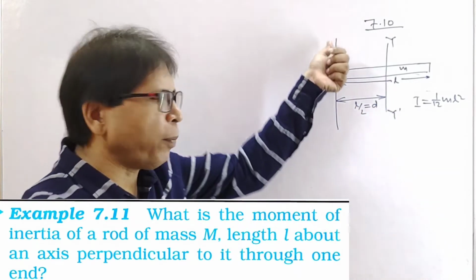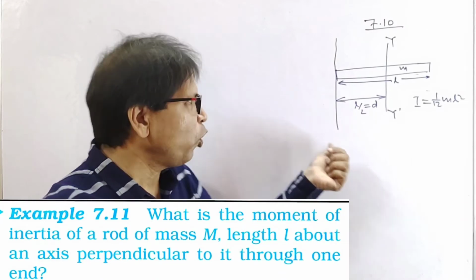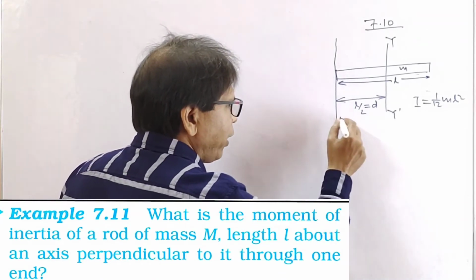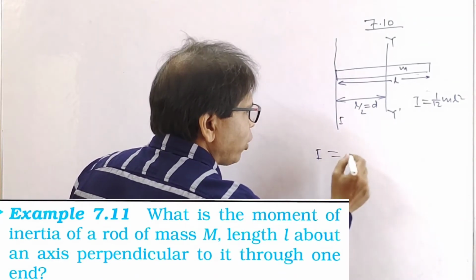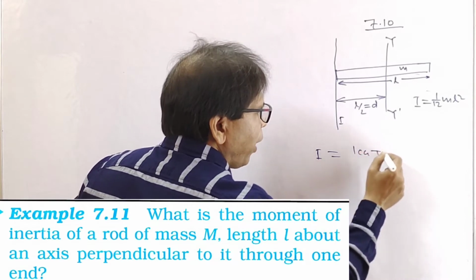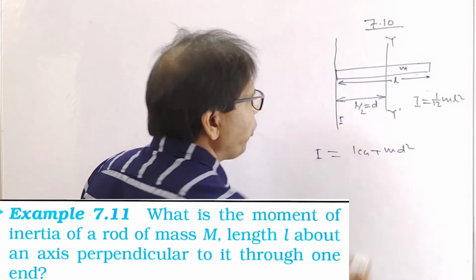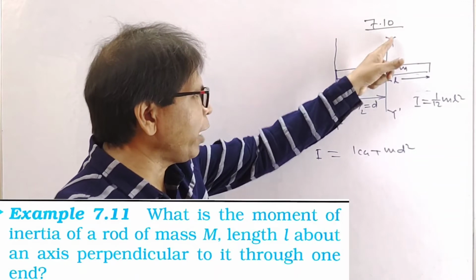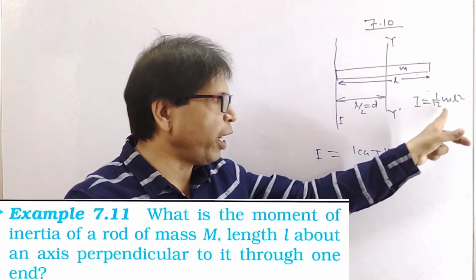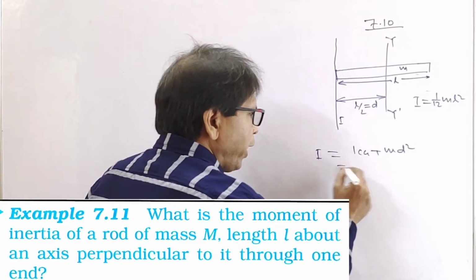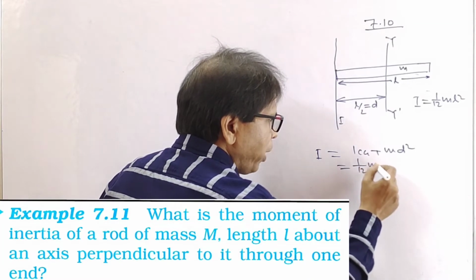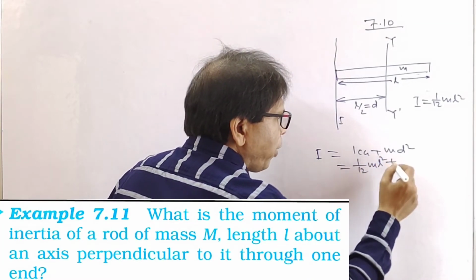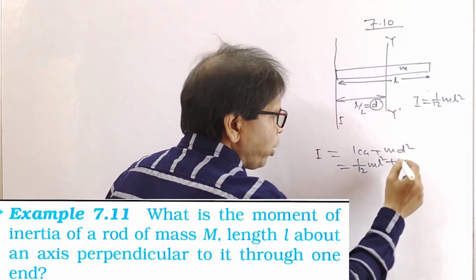Now if we apply the parallel axis theorem, I equal to ICG plus MD square. Here ICG, that is I y dash, is 1 by 12 ml square, and D is L by 2.